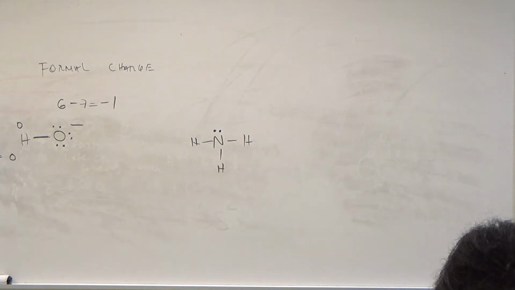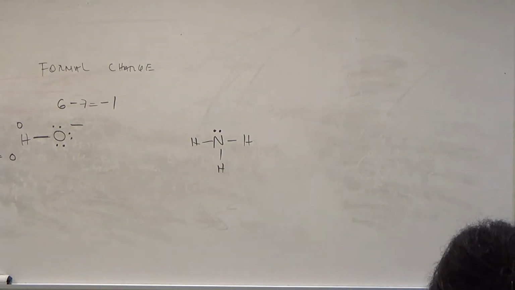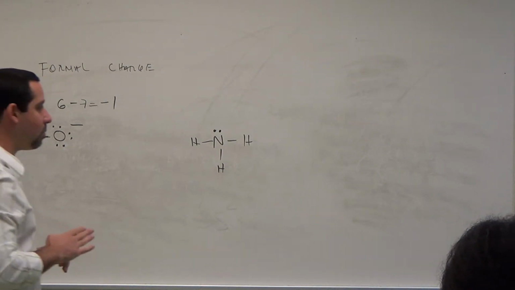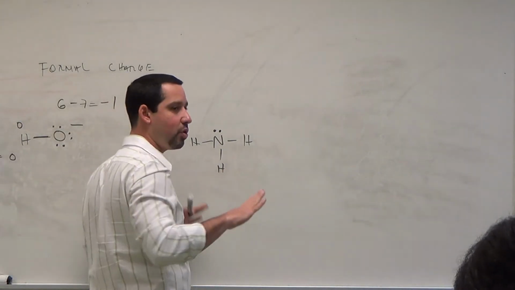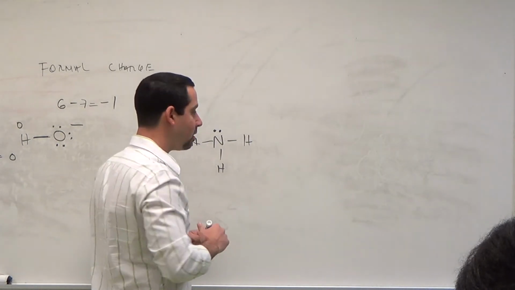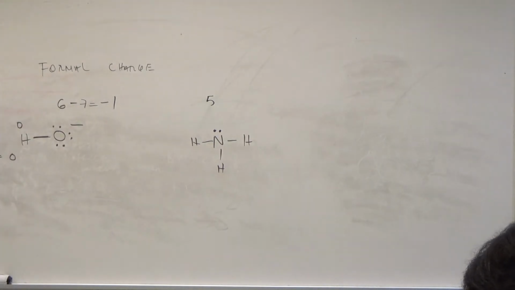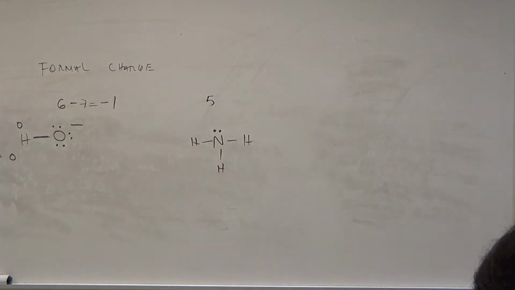How do you know it's 5? Because you count how many it has? Because it has 3 bonds? Because it is in group 5. Valence number of electrons has nothing to do with what you count at all. It comes from the fact that nitrogen is in group 5 of the periodic table.